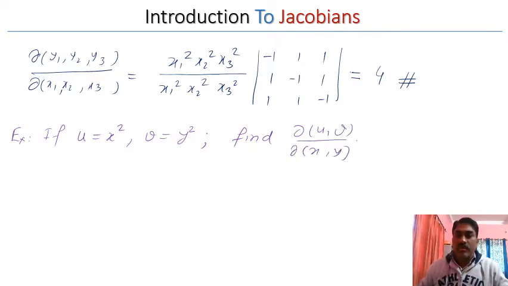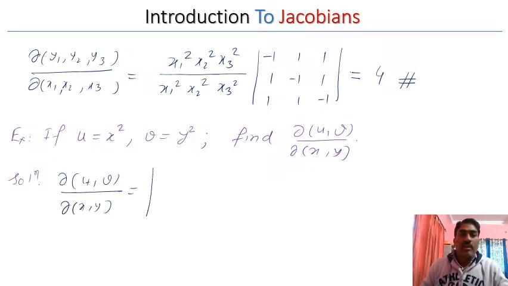So this is a simpler question. I should have taken it first, but anyway, let us solve it. So Jacobian of u v with respect to x and y. I have already written the definition of Jacobian many times.